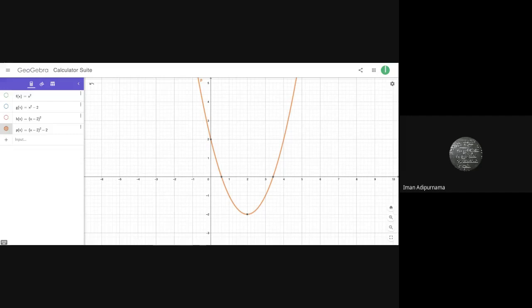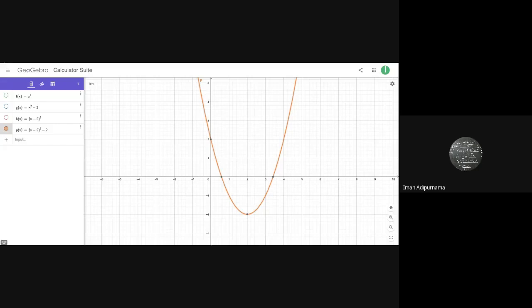From here, this is what I called h before. So h is 2, and here negative 2. But this part is the same as in the equation, negative 2. So you can use this form to determine the minimum and maximum value.